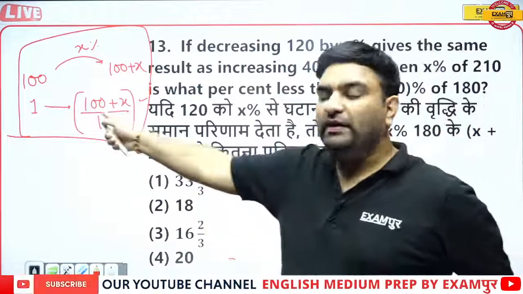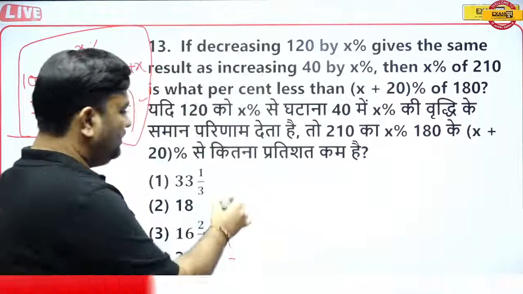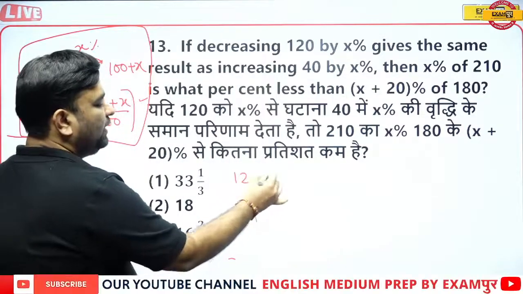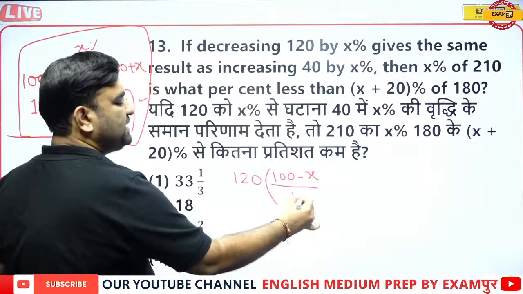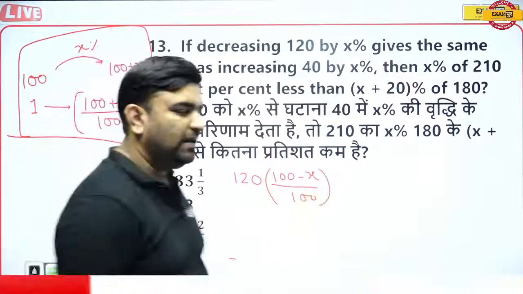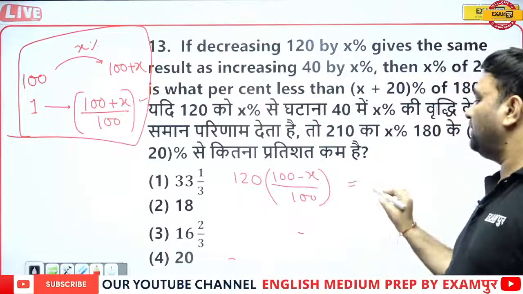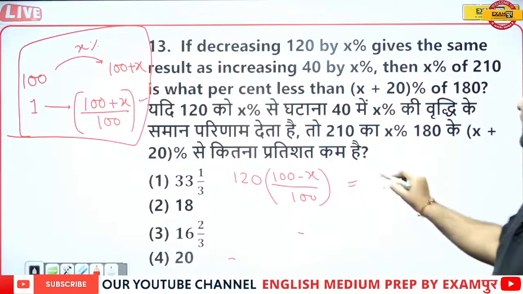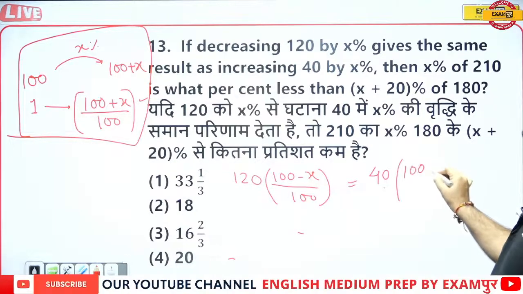So if the way of increasing is 100 plus x by 100, the way of decreasing would be 100 minus x over 100. This is how we will decrease 120 by x percent, which is the same as increasing 40 by x percent, 100 plus x over 100.